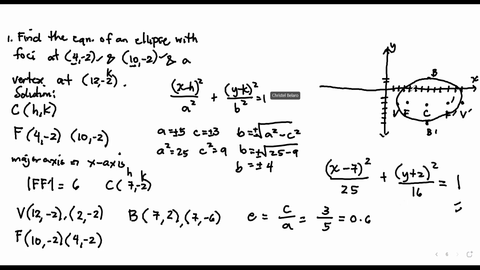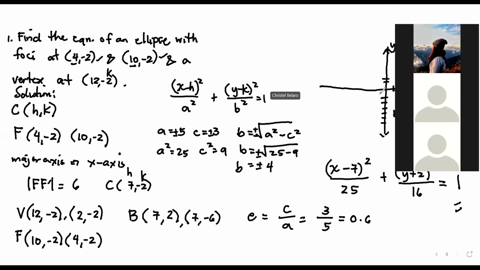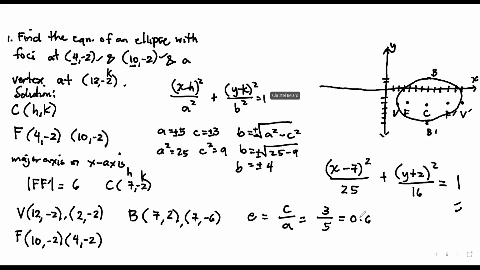Kapag ang eccentricity, kita kasi dito medyo malaki yung ellipse natin. Again, ang sabi ko kanina, the eccentricity of a circle is 0 kasi perfect circle na siya. So ito medyo malaki kasi 0.6, malapit sa 1.